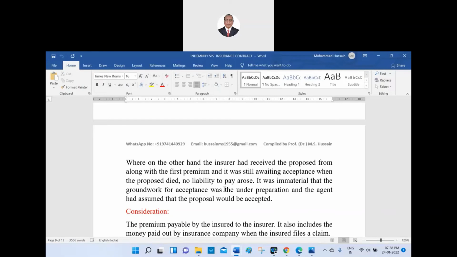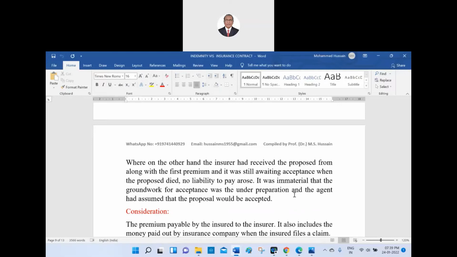It was immaterial that the groundwork for the acceptance was under preparation, and that the agent had assumed the proposal would be accepted. Merely giving the cheque doesn't mean that he paid the premium, unless it is encashed and accepted by the insurer.